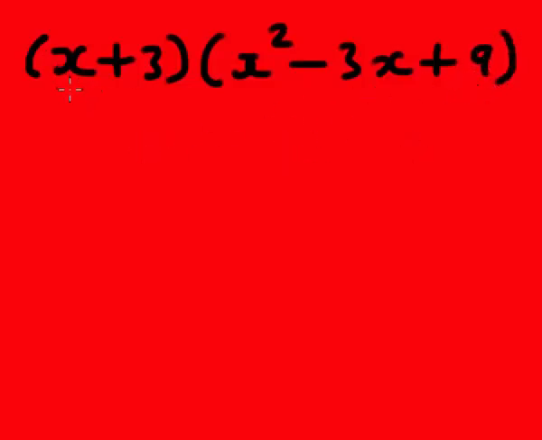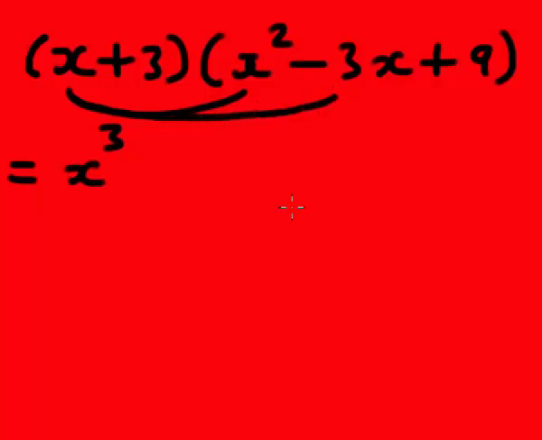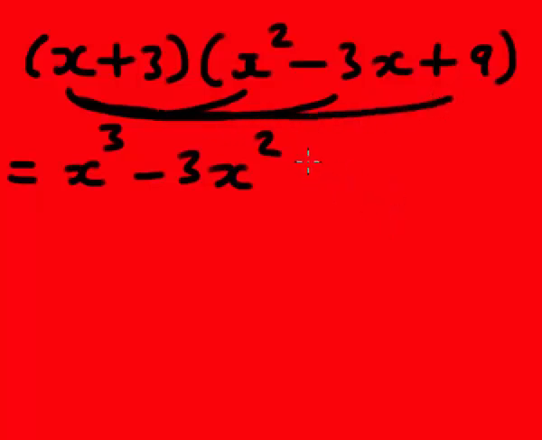What is x times x squared? That equals x cubed. Then x with negative 3x is negative 3x squared, and x with 9 is positive 9x. Now look at this. If you do this, it gives you positive 3x squared.